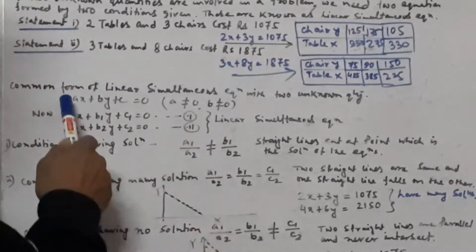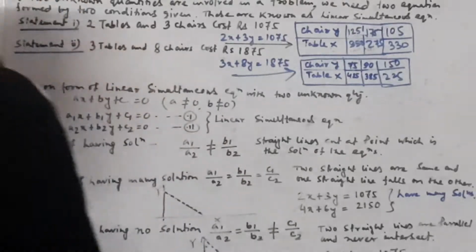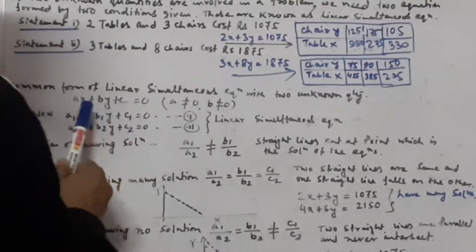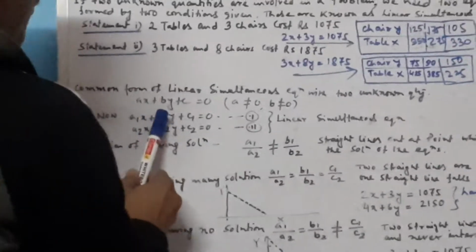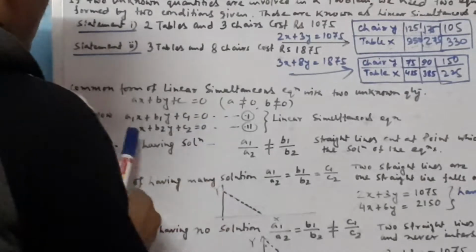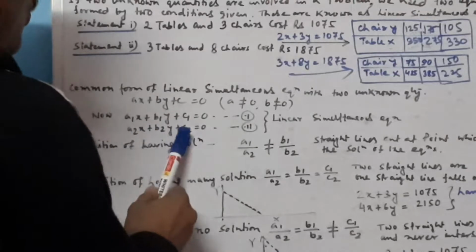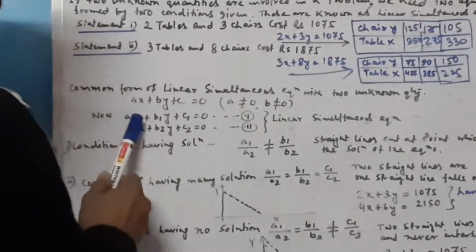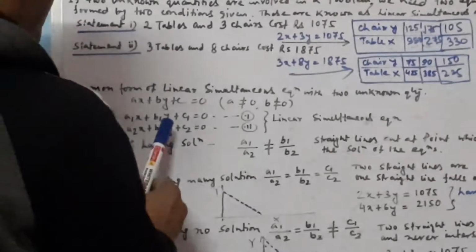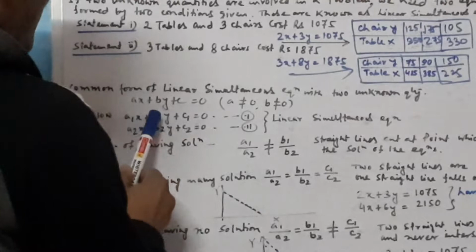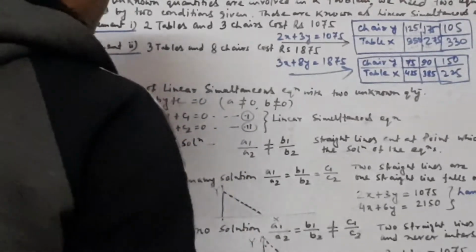Now, if one equation is a1x plus b1y plus c1 equal to 0, and another equation is a2x plus b2y plus c2 equal to 0, that is, the coefficient of x is a1 in one equation and a2 in the other, and the coefficient of y is b1 in one equation and b2 in the other, and c1 and c2 are the constant parts.